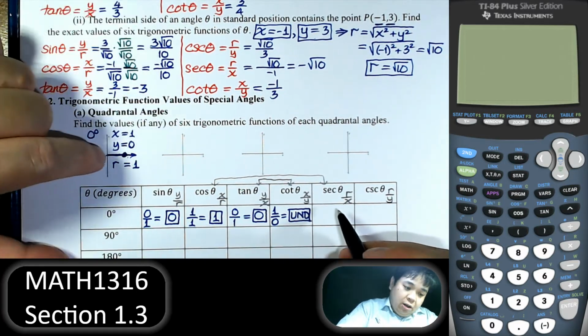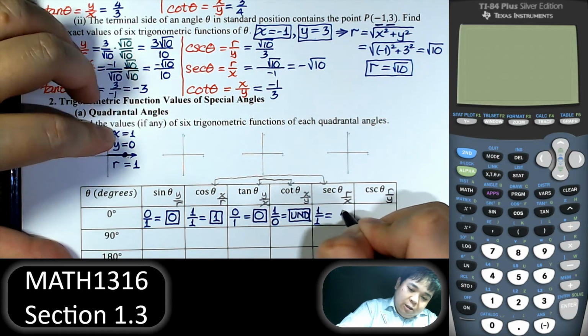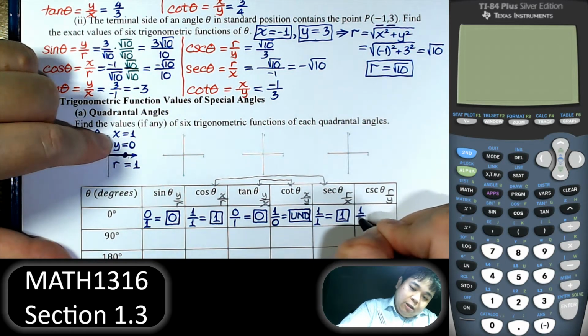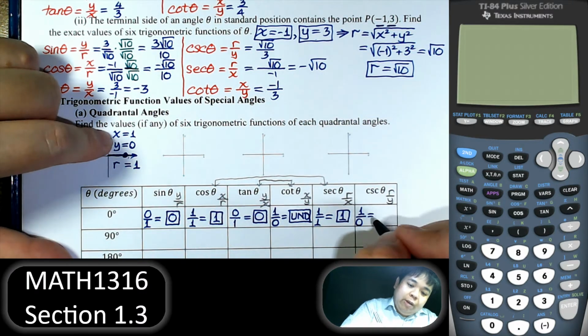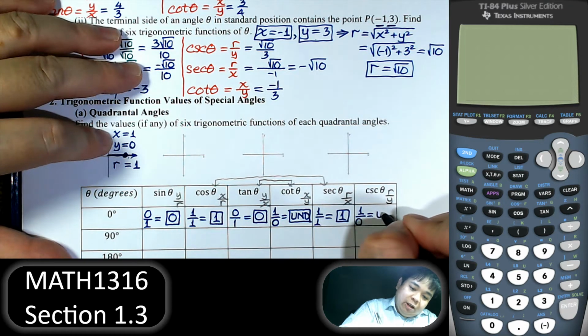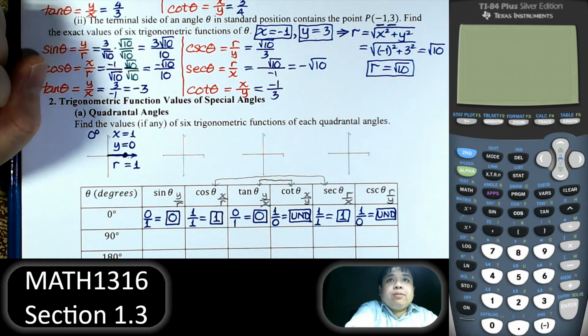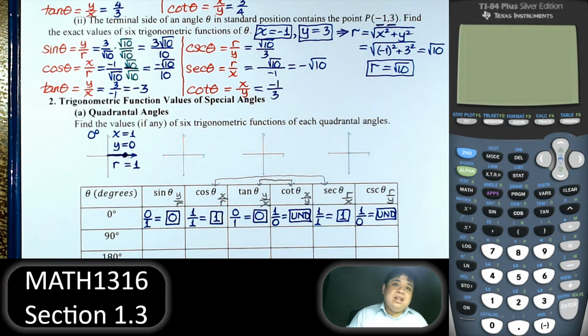And then secant is r over x and cosecant is r over y. Dividing by 0 once again is undefined. Simple enough, right? So that is 0 degrees.